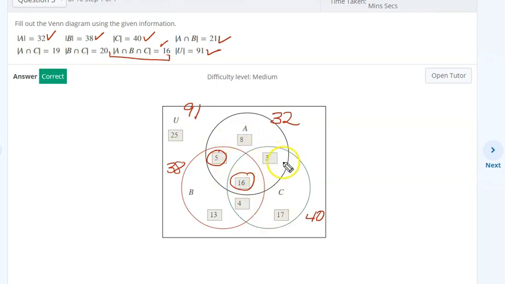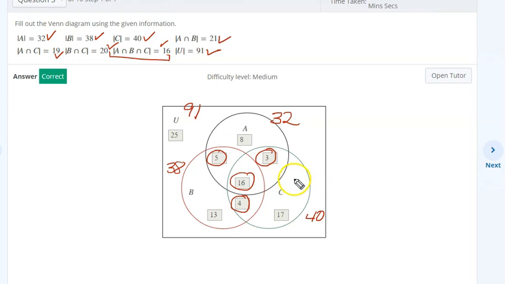So this combination is going to be 19. We have 16, so there's our 3. So now we have that. B and C is 20. So we have 16, so that'll put 4 here. We now have that. And that's all our information.